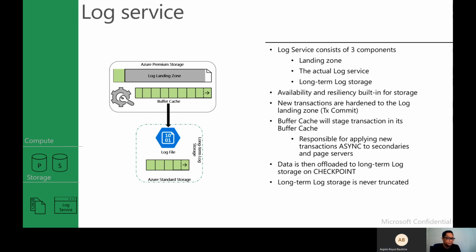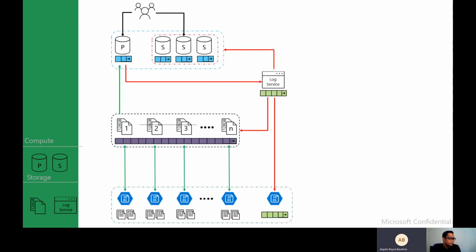That's why it can serve it faster. So this is the entire architecture. You have the primary, and then you have secondary servers, and the log service is the one that orchestrates all the information regarding the transaction between the components. And then you have a number of page servers that are responsible for their segment of data.